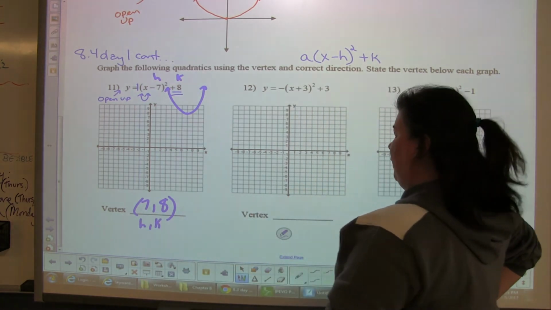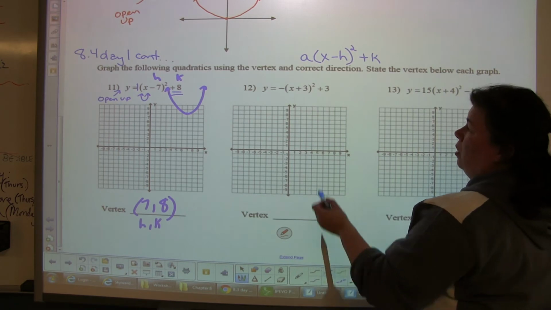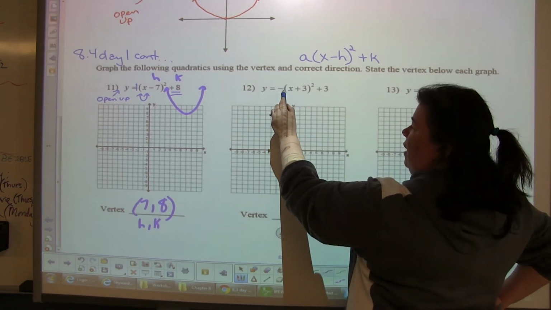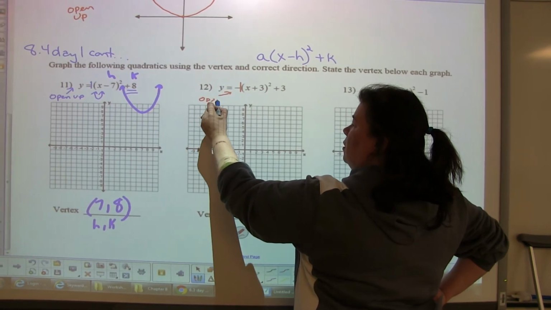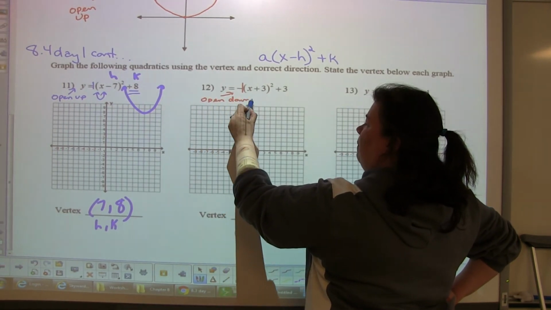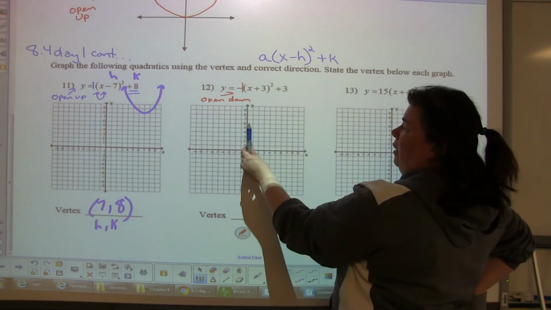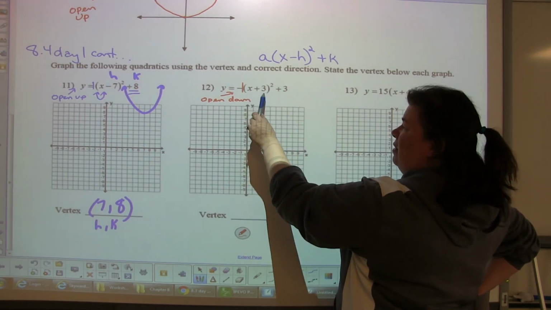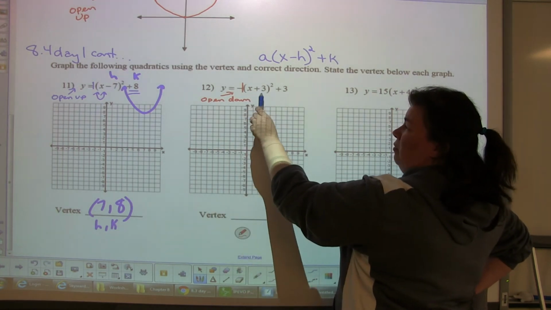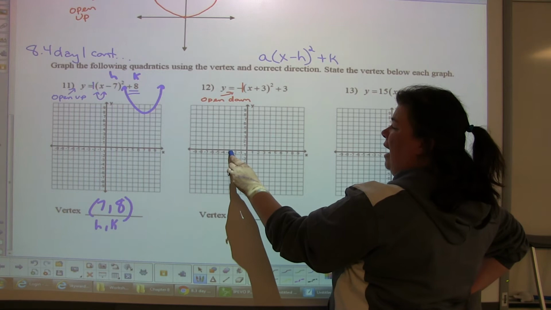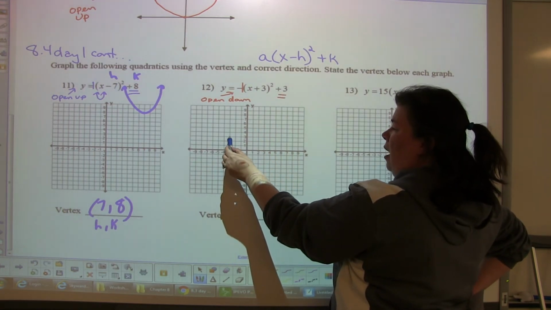All right? If you look at the next one here, we have a leading coefficient of -1, which tells us we're going to open down. So this is going to be an upside down parabola. And our vertex, okay, if we're looking at this x value, this affects the x, that means we're going to horizontally shift it the opposite direction, 3 units to the left, and then this tells us vertically we're moving 3 units up.